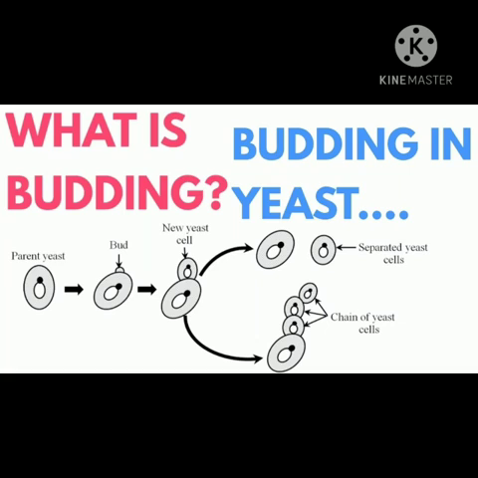Then the nucleus of the parent cell splits into a daughter nucleus and migrates into the daughter cell. As you can see in the third step, the nucleus which is present inside the parent cell splits and migrates towards the daughter cell.